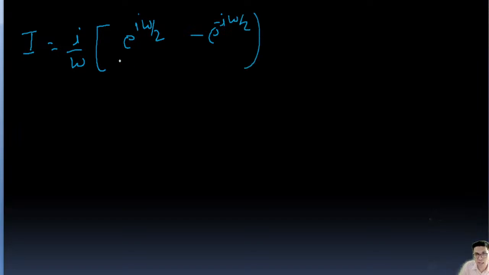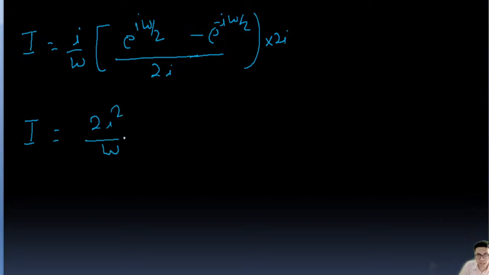Here we can multiply and divide by 2i, so this is going to be 2 i squared by omega, and this value is going to be sine omega by 2, because we know that e to the power x minus e to the power minus x upon 2i equals sine x.